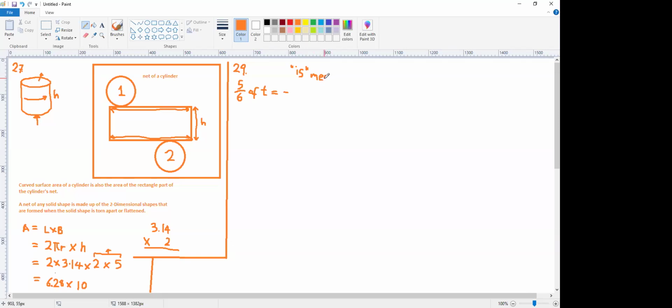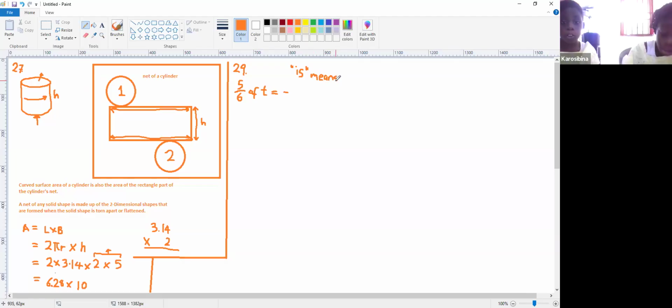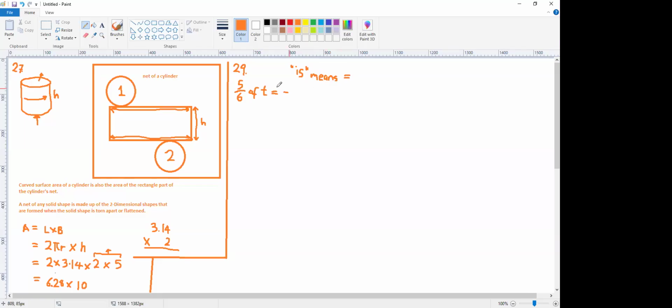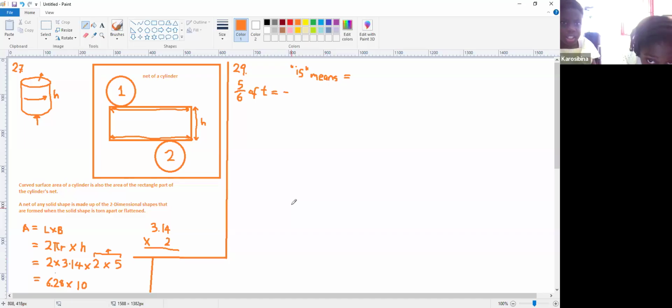You can write it down when you're writing down the solution. What did I say is means? Equals to. So they now said 5/6 of a certain number is minus 6 whole number 2/3.